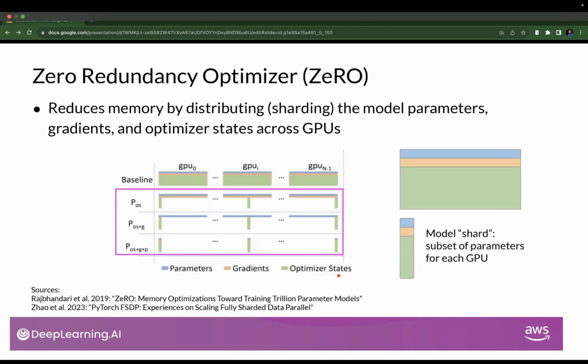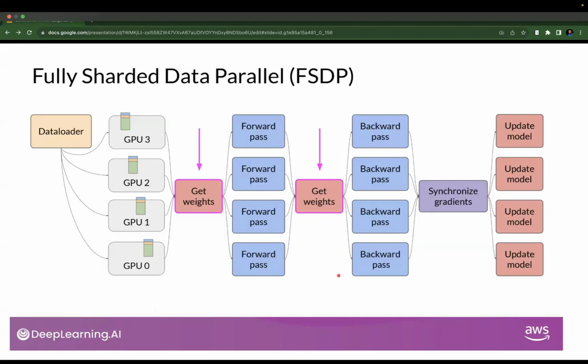With more GPUs, the load on each GPU should decrease linearly. The way it works is you have multiple GPUs, each training a part of the weights, and for each forward and backward pass you synchronize the gradients, collect the weights from all the GPUs, and then update the model in each iteration. This is the fully sharded data parallel technique.